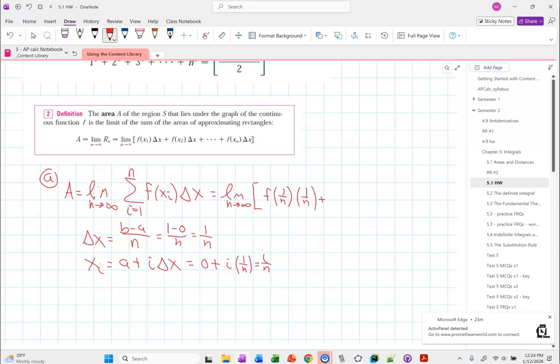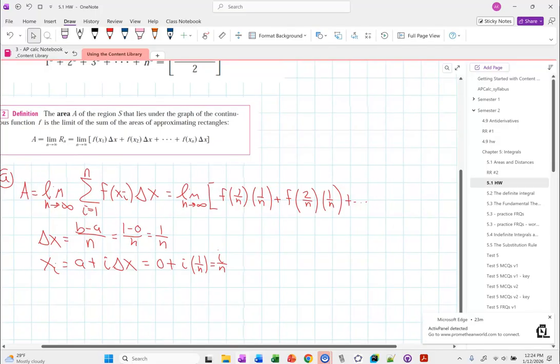Right? i over n. But i is 1, because it's the first term of the series, right? And then we'll have f of 2 over n times 1 over n. And that's just going to keep on going, right?